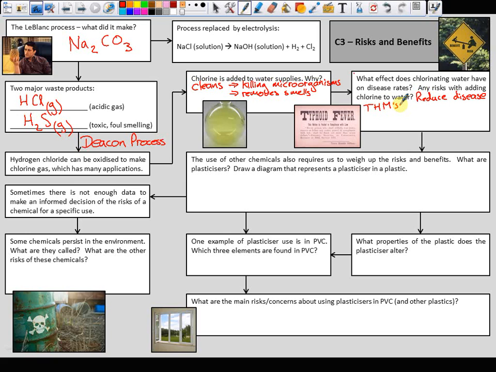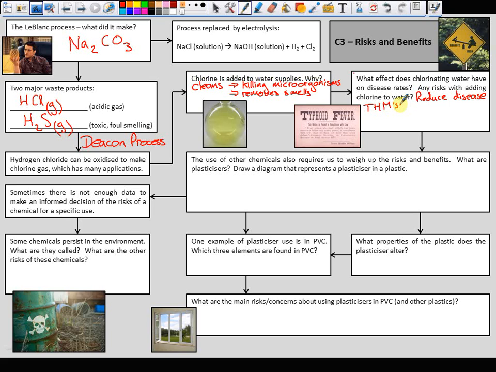And THMs have been linked, but not proven, to cause cancer. There is some concern about it, but there's just not enough evidence at the moment to make the doctors and medical profession absolutely certain that they do absolutely cause cancer.